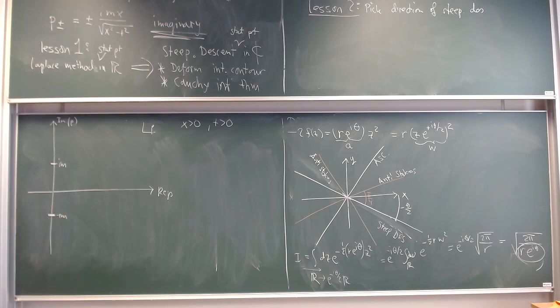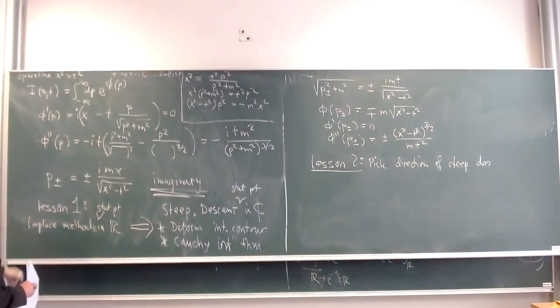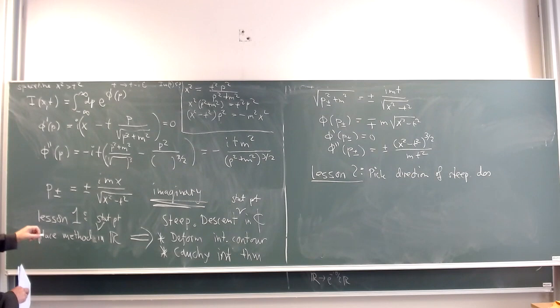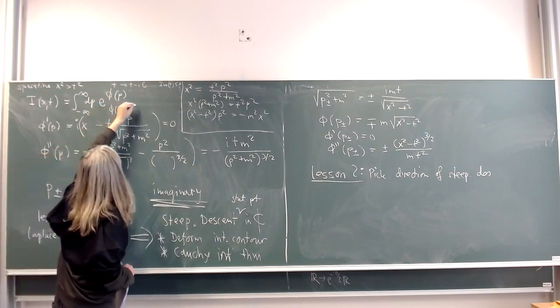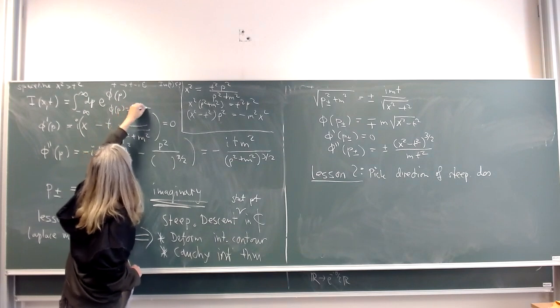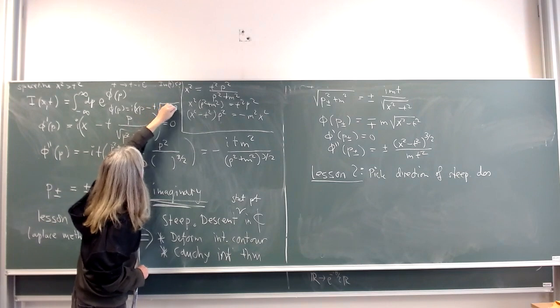Does that make sense? The function phi is long gone, so maybe we should write it again. Phi of p equals i x p minus t square root of p squared plus m squared.